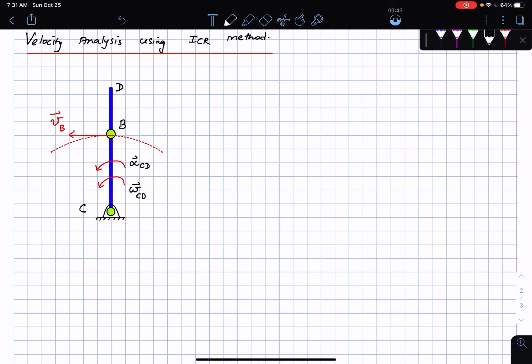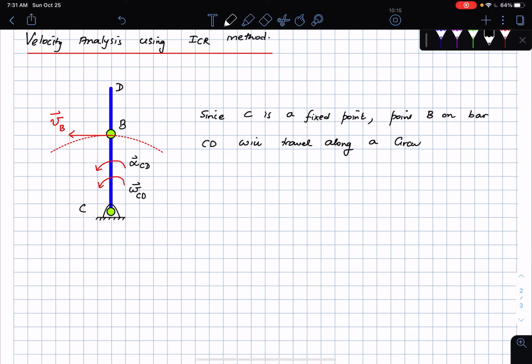Okay, and so what I'm doing here is this. Since I'm going to write this down, since C is a fixed point, the point B on bar CD will travel along a circular path of radius 0.15 meters.